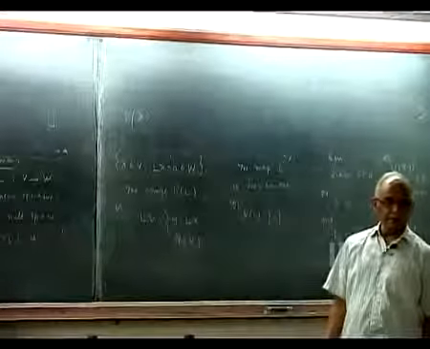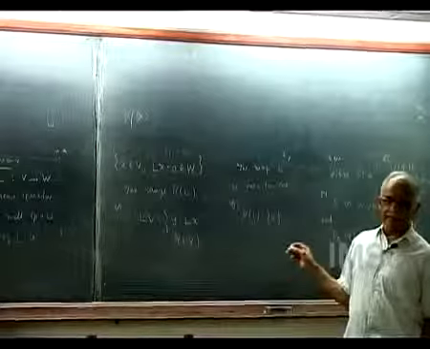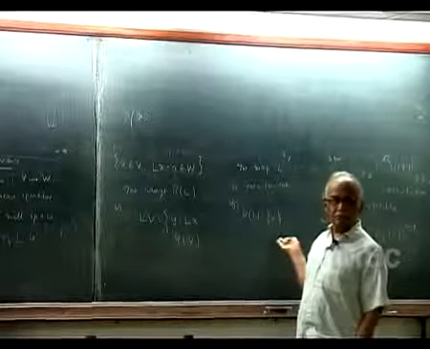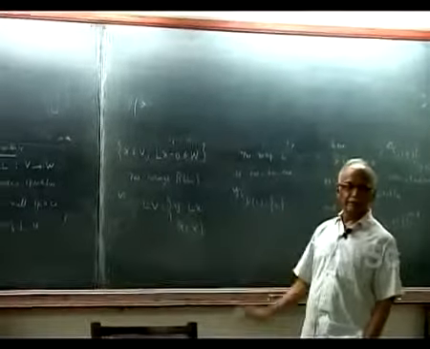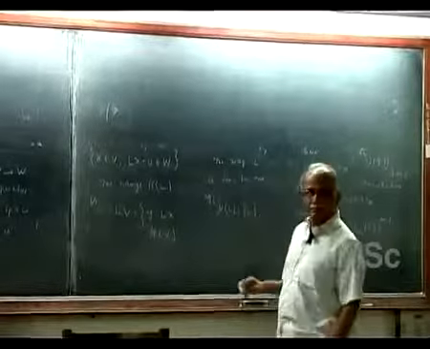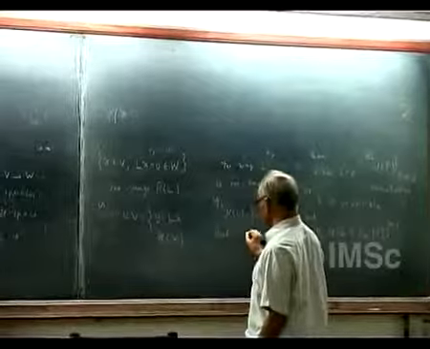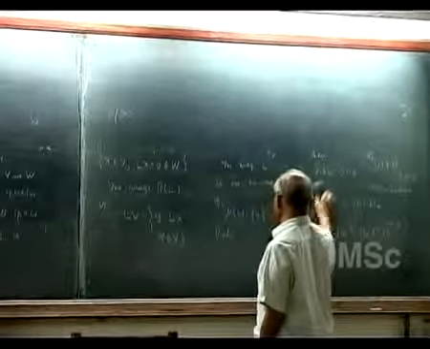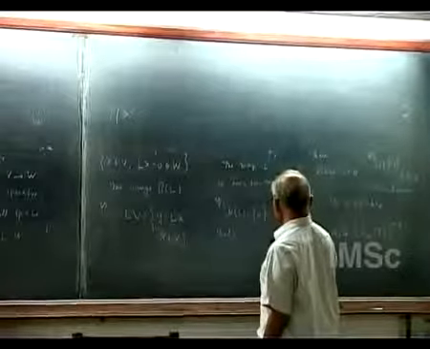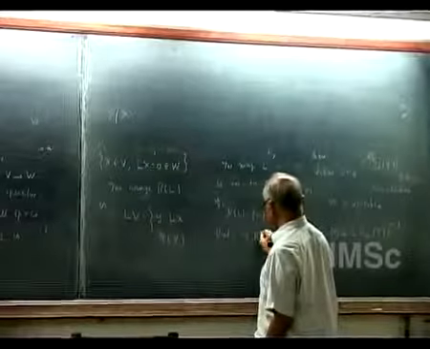That is obvious, is it not? If the null space is non-trivial, it cannot be 1 to 1 because I can add it on to any vector, so there will be more than one preimage. Onto, by definition, means R(L) is W. I will leave this as an exercise, a trivial exercise.